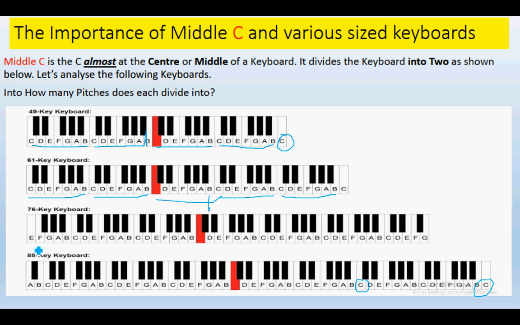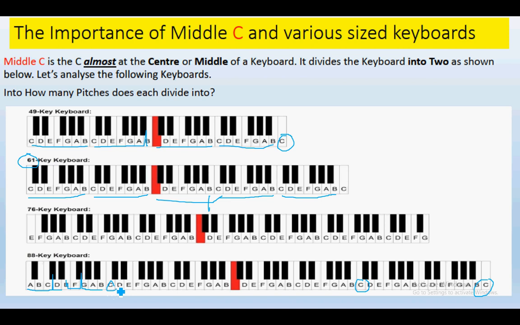This one starts from E. So why is it so? If you start from E, what has happened is I think they cut out these ones here. For the 61 key, I think they cut out all this, then they start from here.